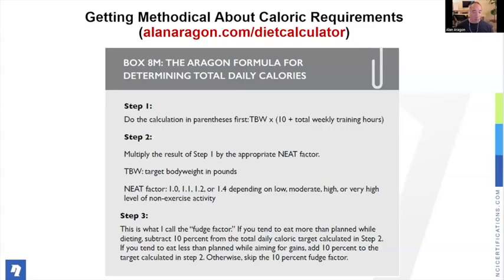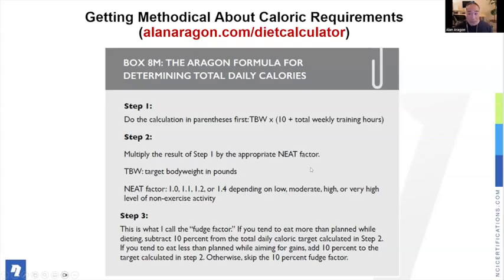What I tend to do with people who have concerns about putting on excess body weight is I do not apply a non-exercise activity thermogenesis factor. I just leave the calculation that I just explained as is. But you do have NEAT factors that you can apply if you feel like your lifestyle or your occupation warrants factoring in extra physical activity.